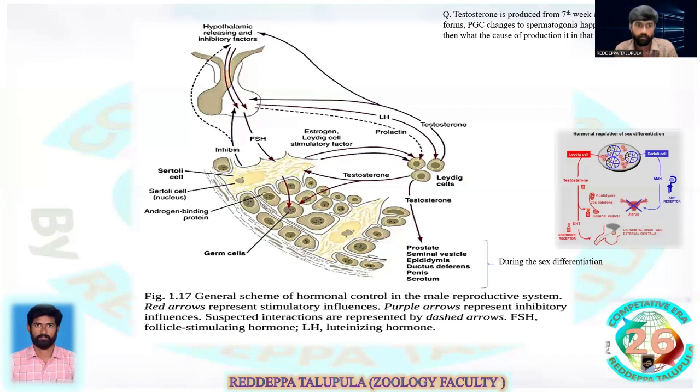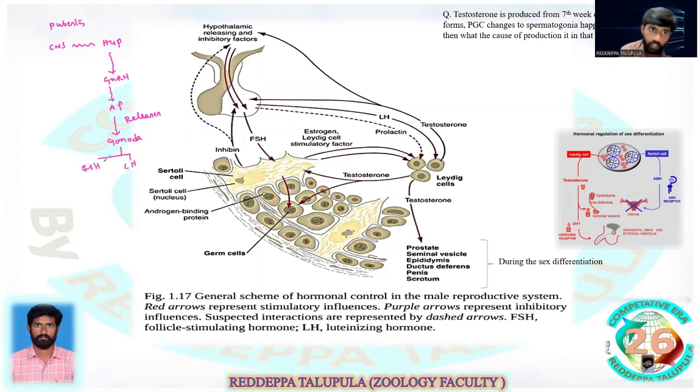The question that arises here is, generally at puberty, the central nervous system gives a signal to the hypothalamus. Thus, the hypothalamus releases gonadotropin releasing hormone, which reaches the anterior pituitary. Thus, the anterior pituitary releases gonadotrophins. These gonadotrophins are FSH and LH. Keep FSH aside.